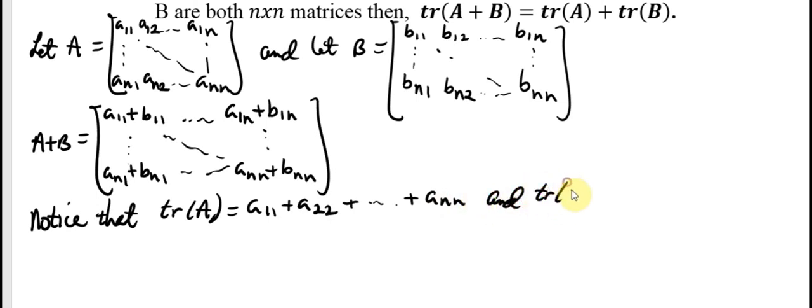And the trace of B is B11 plus B22 plus, and so on, plus Bnn.